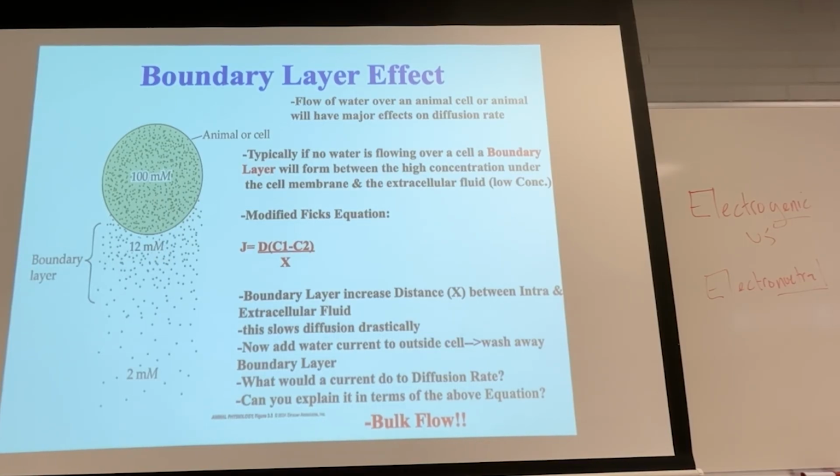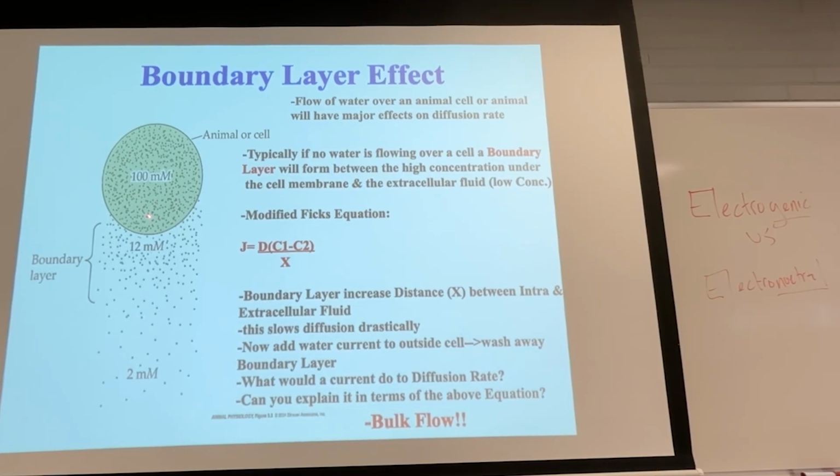As it moves into the extracellular fluid, you can imagine it's going to start building up right outside the cell, right? It takes a while for it to diffuse out. And so the concentration outside is going to go up, from 0 to 2 to 3 to 5 to 12.